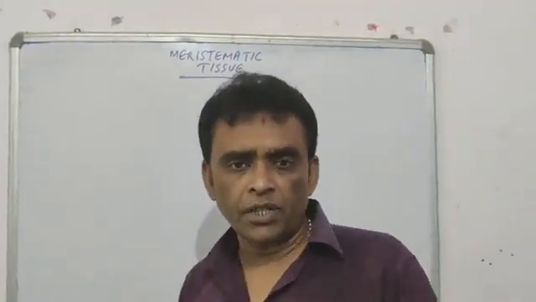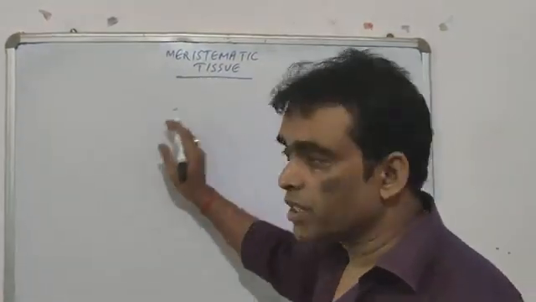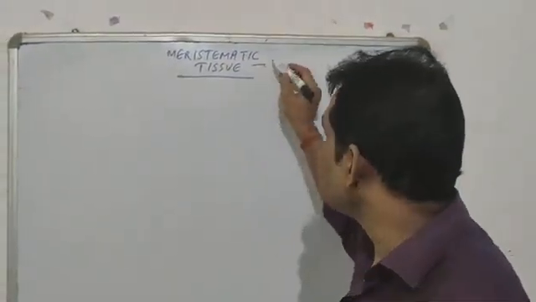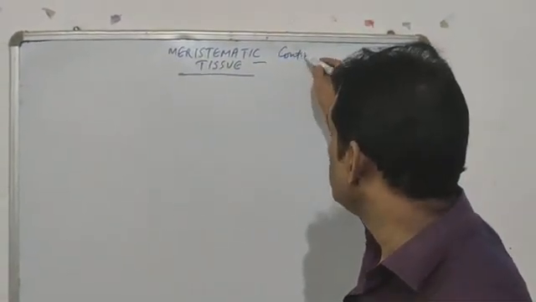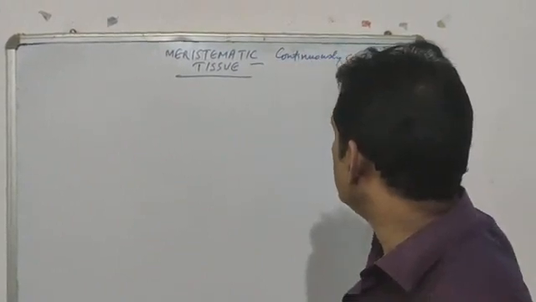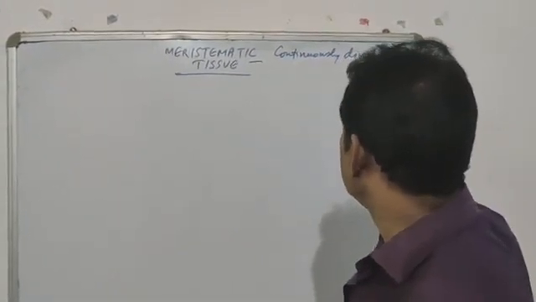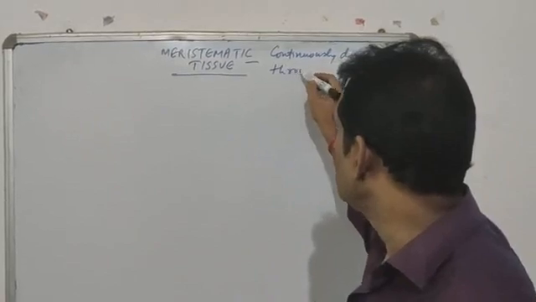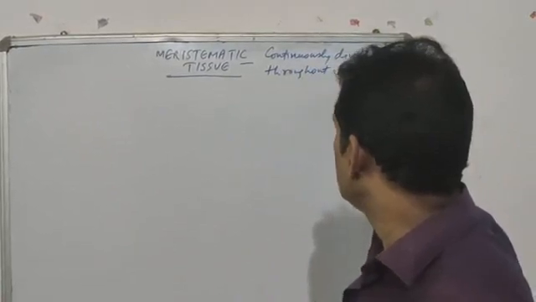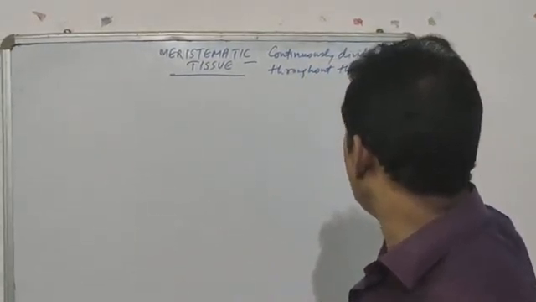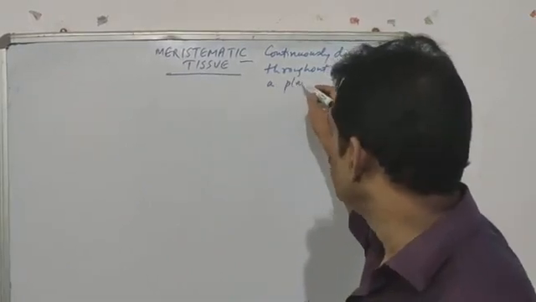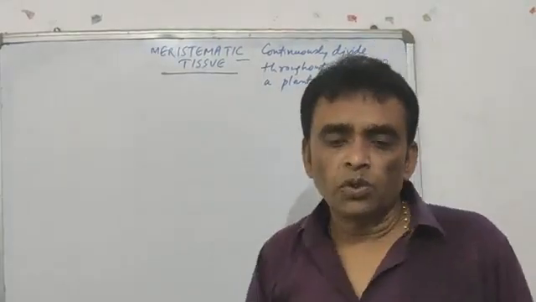The meristematic tissues, that we discussed in the beginning, are the tissues which continuously divide throughout the life of the plant.